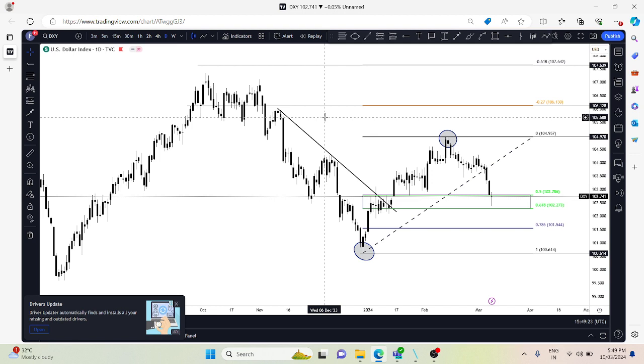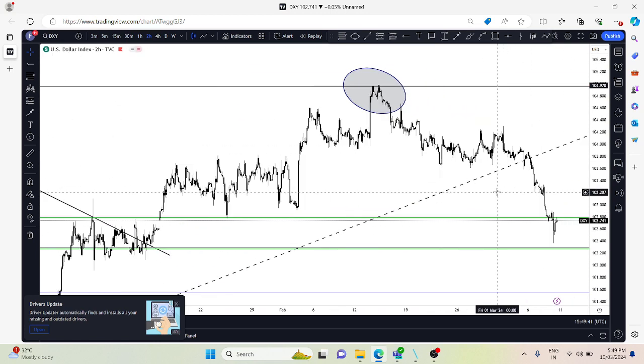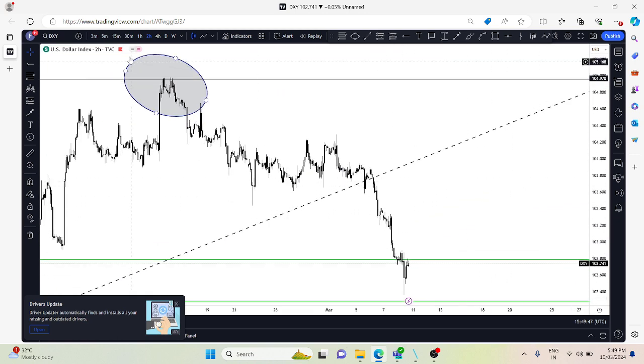So basically the only thing that you need to do is identify your market structure, plot your higher highs and higher lows, lower lows and lower highs. Then after, you already know where to enter and where not to enter. Now from the daily, you can move to the 2 hour just to check what's really happening. You already know that on my bigger time frame, I'm focusing on taking buy trades.